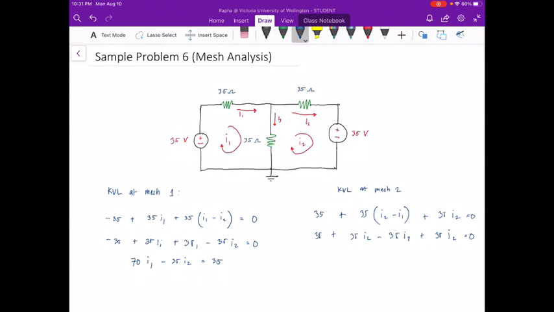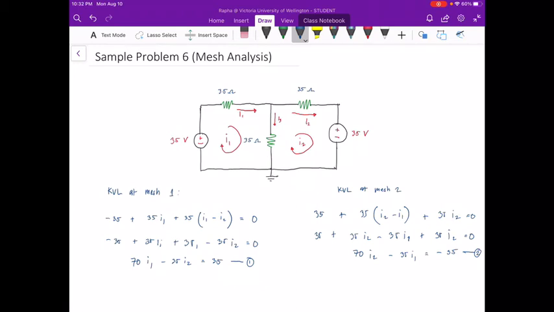Then we have 70 I2 minus 35 I1 is equal to negative 35. So we have our first equation right here, and now our second equation has already been obtained.